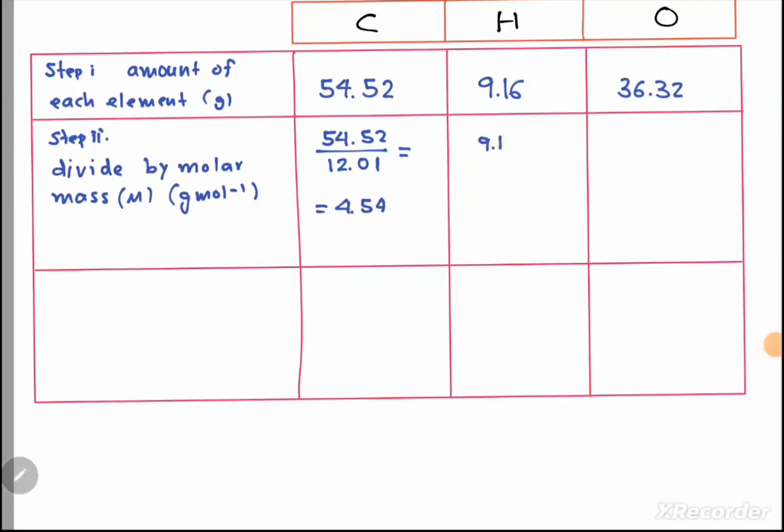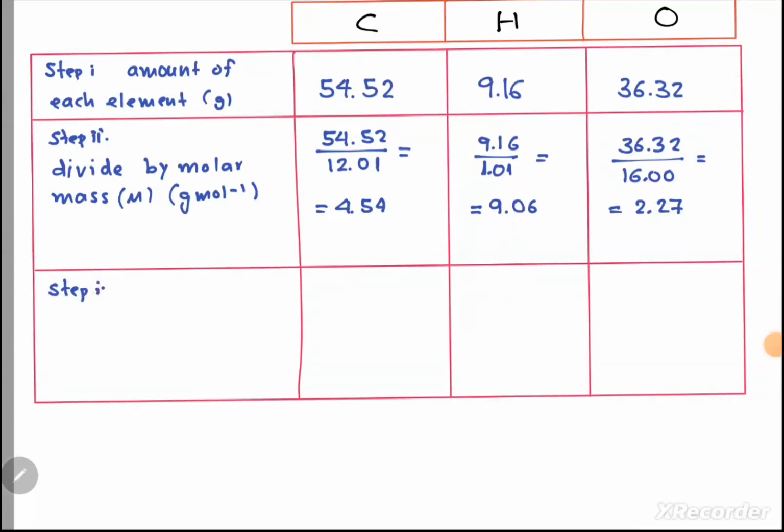For hydrogen, the result is 9.06, and for oxygen, the result is 2.27.